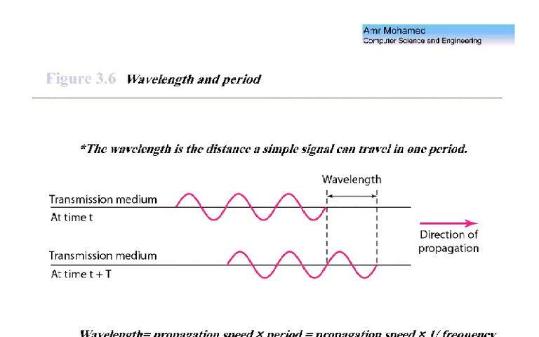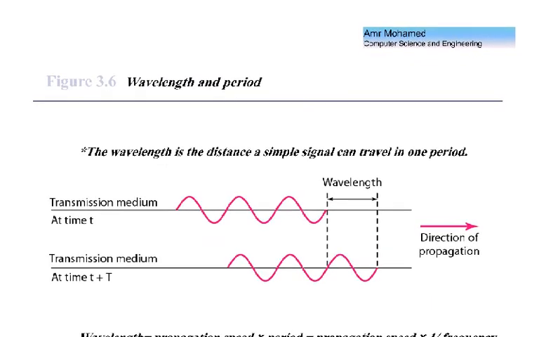So what is the actual distance that the signal travels between this point and the end of the cycle, between this point and this point? Okay?